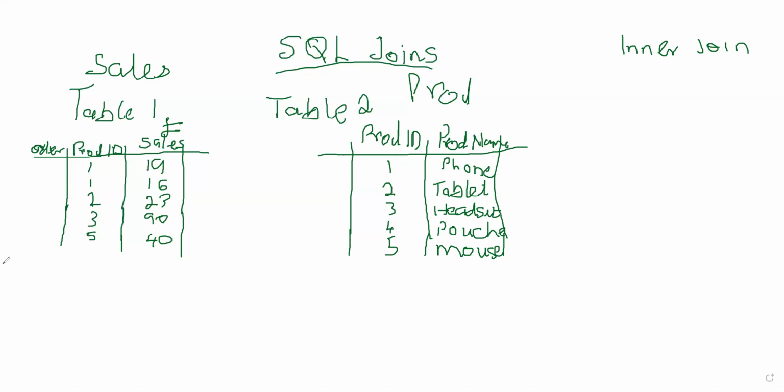What happened? Oh, okay. So what we have is table 1, and table 2. I'm going to use another column.